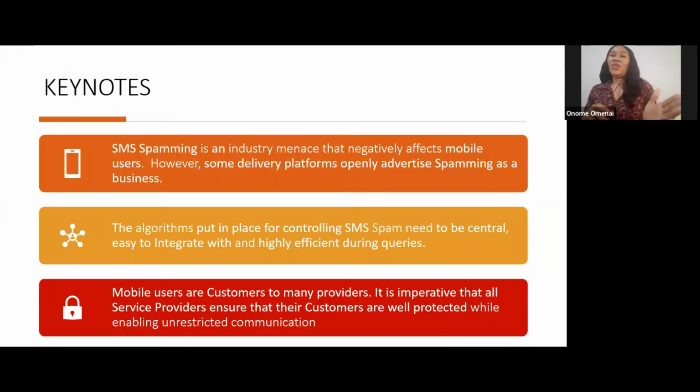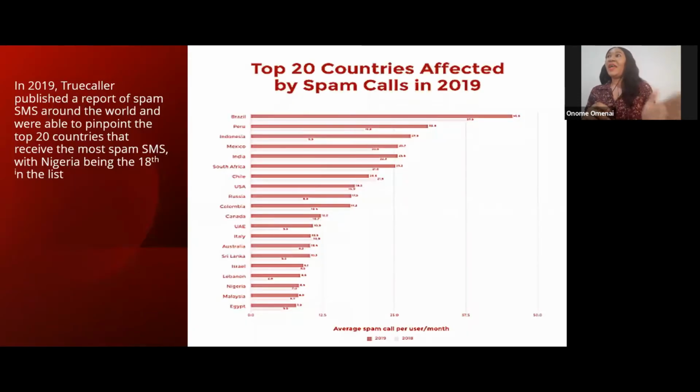Up on that list was Brazil, and Nigeria ranked about 18th on that list, and bringing up the rear was Egypt. This is an ongoing practice, and some may argue that since it's for commercial purposes, it's a good marketing strategy. But on the operator side, it's an industry menace.